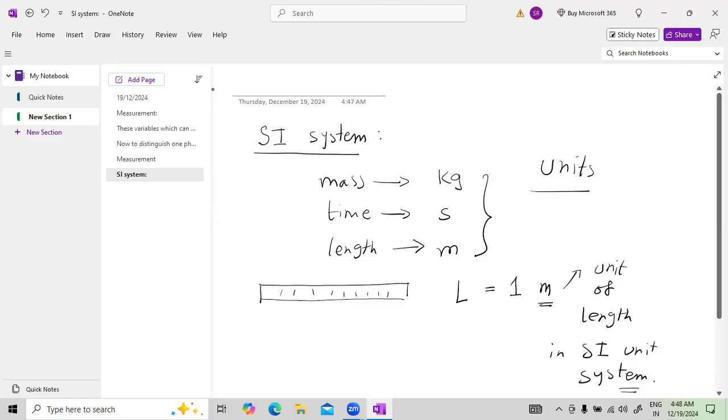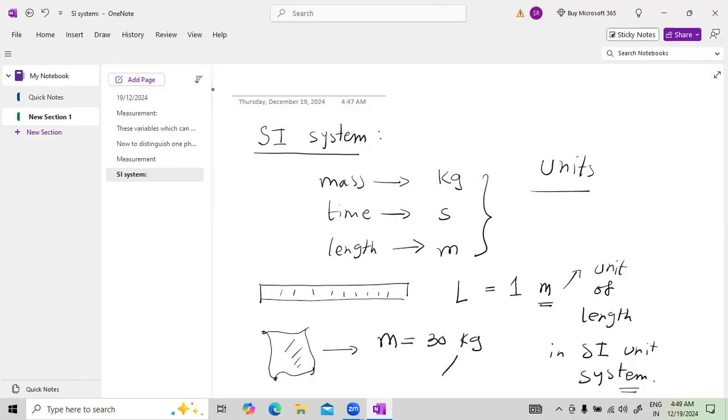And also, let's suppose a sack of rice weighs 30 kg, then this kg is the unit of mass in SI unit. So these are unit system and dimension.